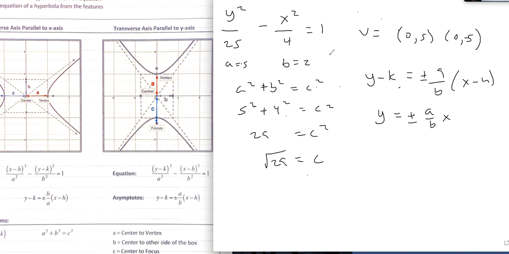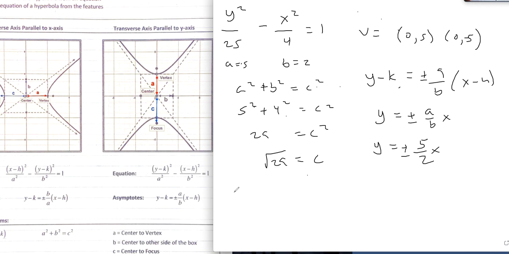Looking right here, a is 5 and b is 2. I'm just going to put those right in there. And that's going to be the equation of our asymptotes. So the positive one would be plus 5 halves x, and the negative one would be minus 5 halves x in terms of how to enter it in the computer.